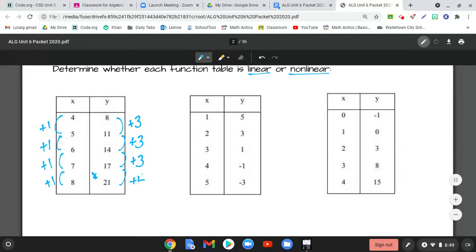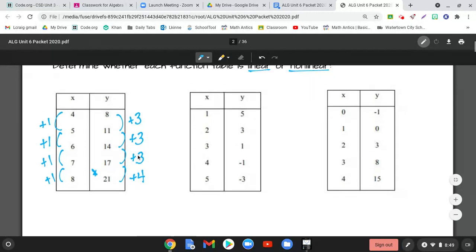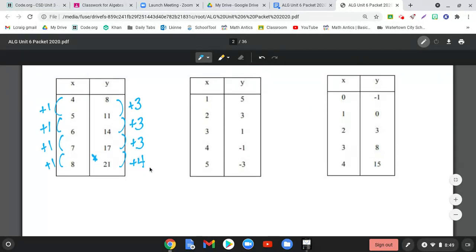That would be adding 4. Since you're not adding the same amount each time, this is non-linear. Because of this guy right here. It's not equal.